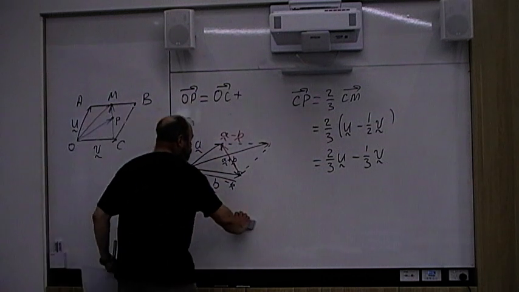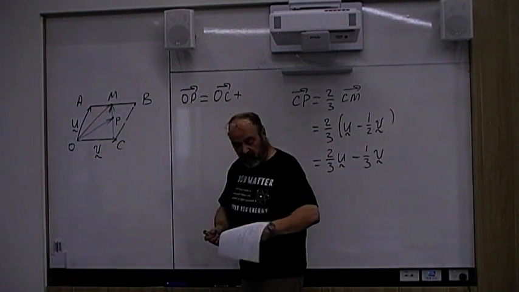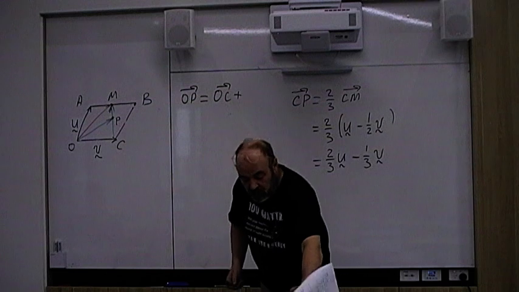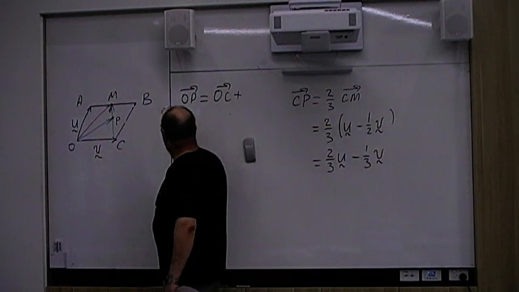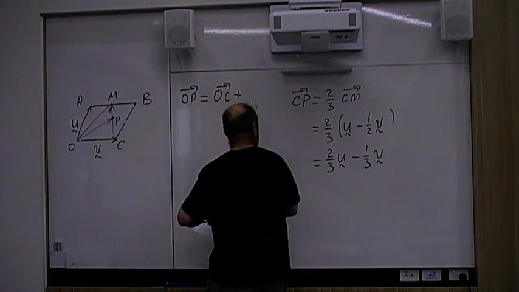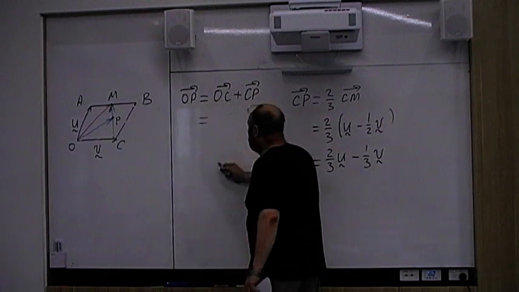Okay, getting back to the equation, to find OP, to get to P from O we go to C, OC plus CP, using what we have found before.